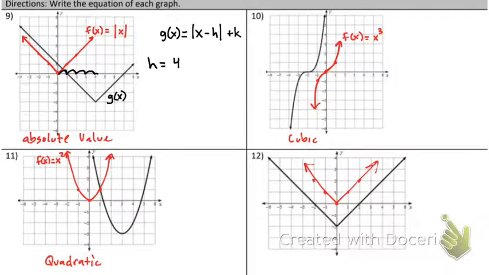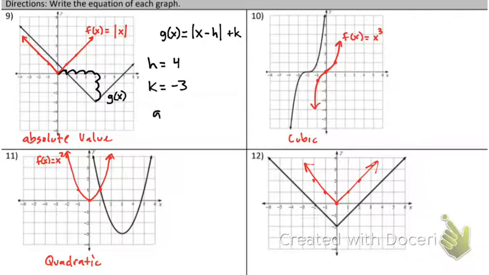And then I'm shifting down 3. k is my up and down shift, so that means I'm going to shift down 3, which is a negative 3. Once I have my h and k, I can plug them in here, and that gives me my new equation.